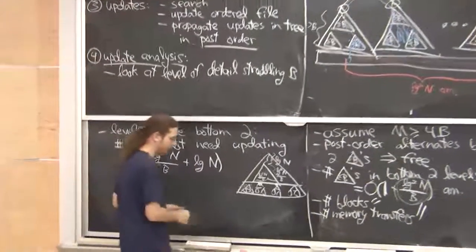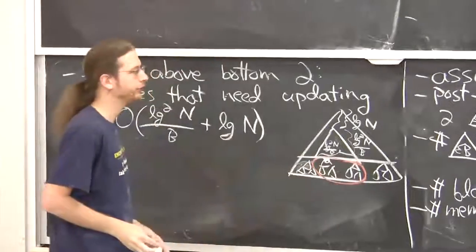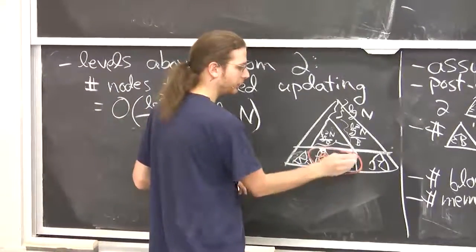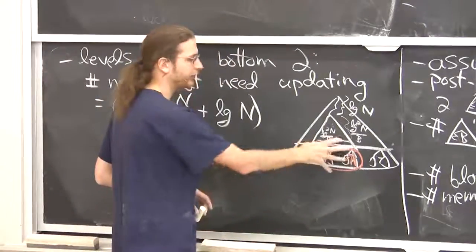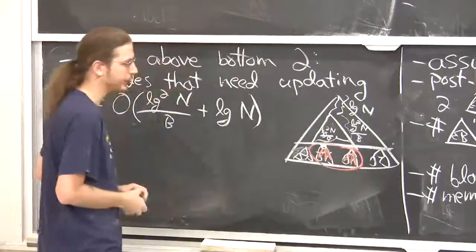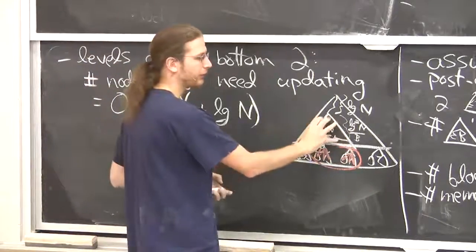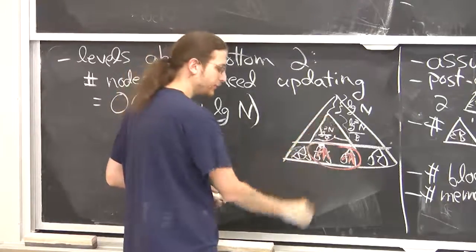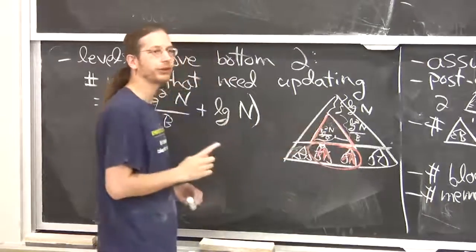Okay. So what's going on here is we first analyzed the bottom 2 layers. That was okay because of this ordering thing, that we're only dealing with 2 triangles at once, and therefore we pay this size divided by b, which is log squared n over b. Then there's the common ancestors of those nodes. That forms a little binary tree of size log squared n over b. For these nodes, this triangle up here, we can afford to pay one memory transfer for every node.